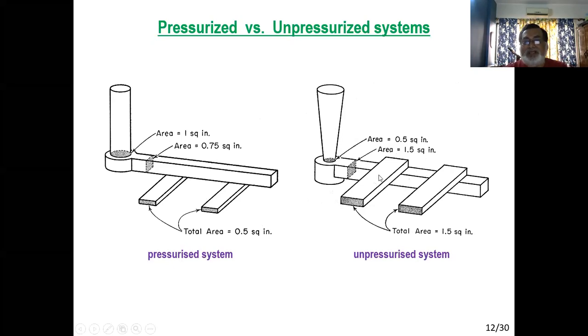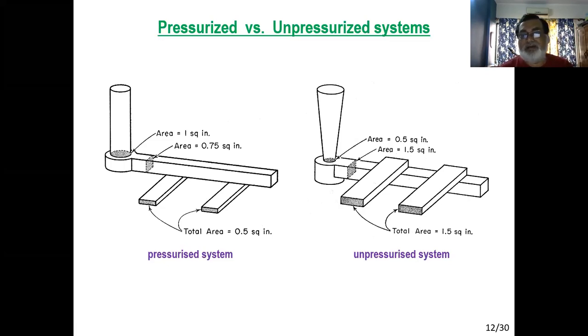So if it is 0.5 inch square here, and here it is 1.5 inch square, the total is 1.5. So 0.5 is to 1.5 is to 1.5, although it can be 3 as well, or even more. So we can increase further. The idea is the area is expanding, velocity is decreasing.